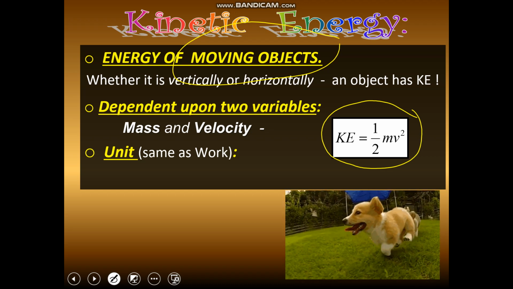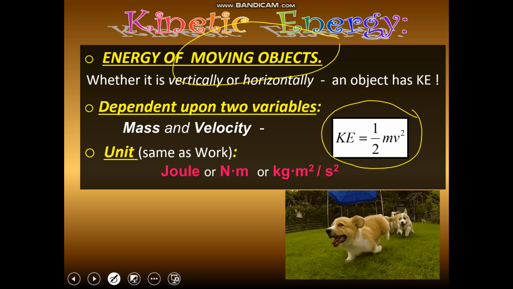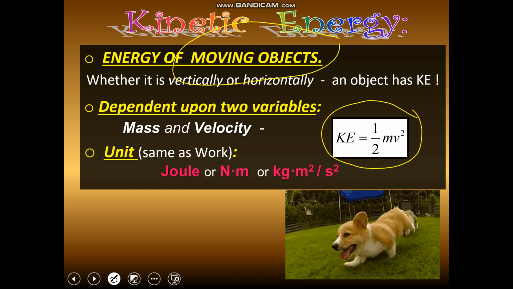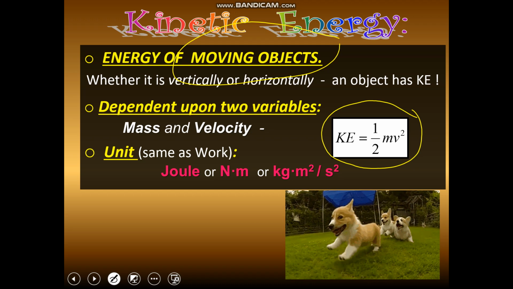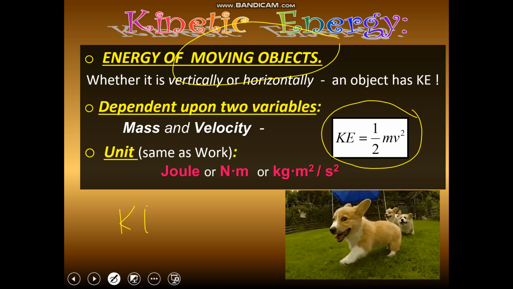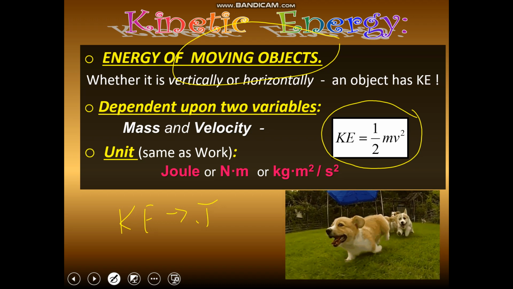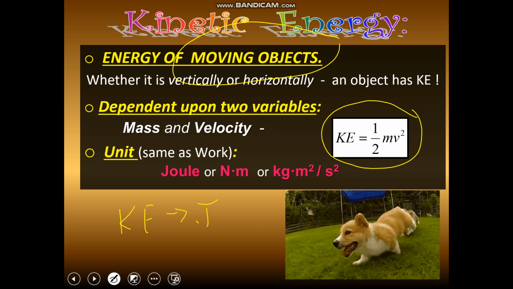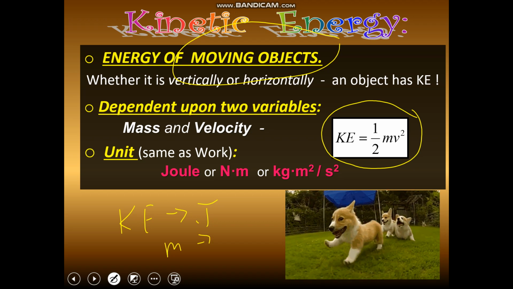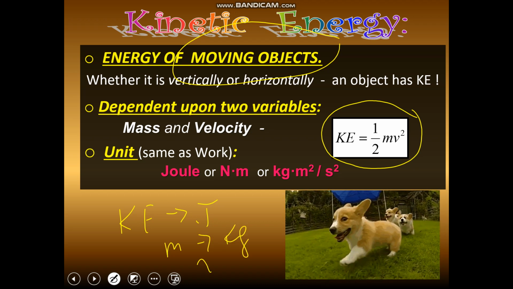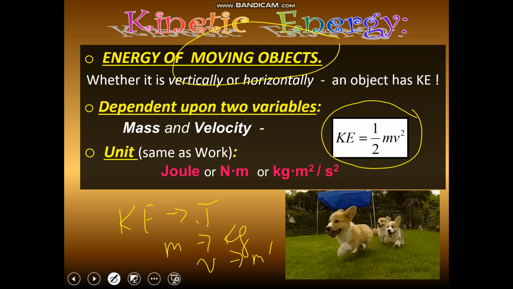The units for work are going to be exactly the same as the units for energy. So kinetic energy will be measured in joules. But at the same time, you remember that mass is measured in kilograms and speed is measured in meters per second.